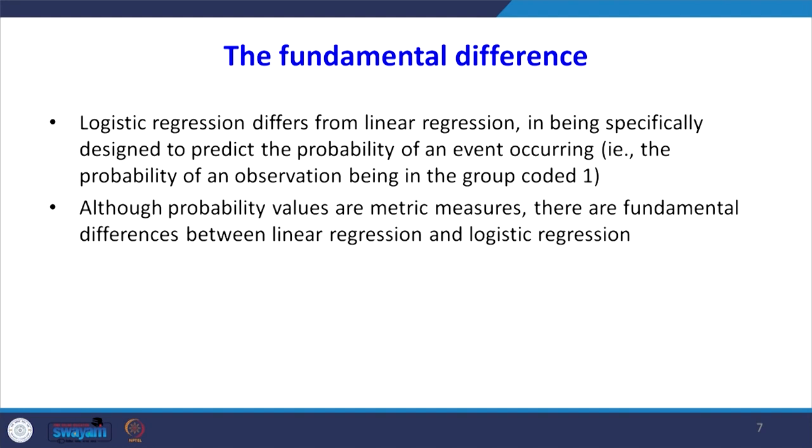Although the probability values are metric measures, there are fundamental differences between linear and logistic regression. Even though the probability value is metric, there are two possibilities, it may be 0 or 1. So, we may get different probabilities when we go for logistic regression.